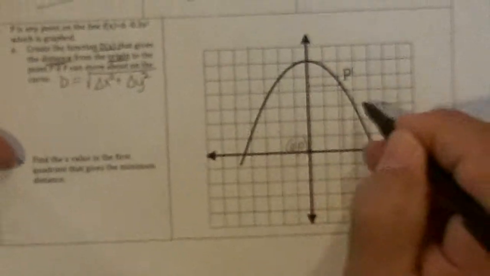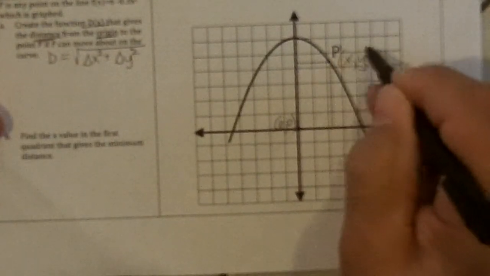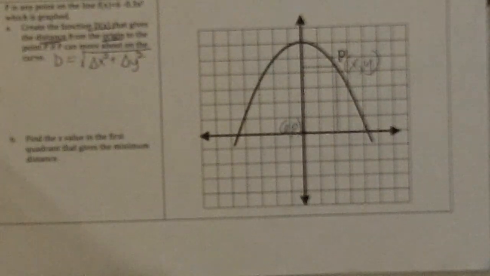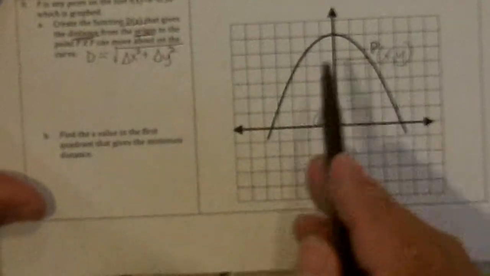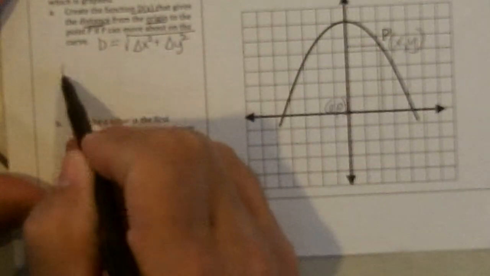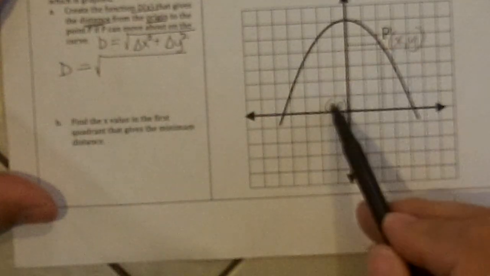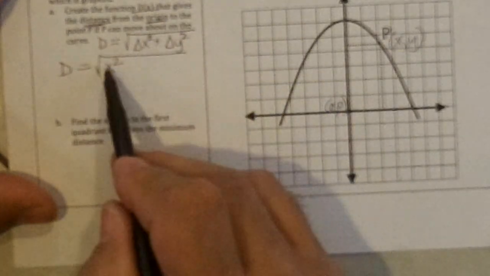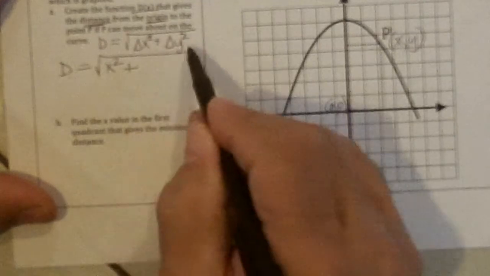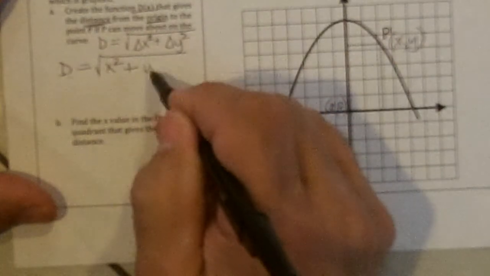The point is at x, y, if it's movable. So it's not determined, it's not a specific number, it's not 2.3, it moves. So the distance becomes the square root of the change in x, so x minus 0 is just x, squared, plus the change in y, so that'd be y minus 0, so that'd be y squared.